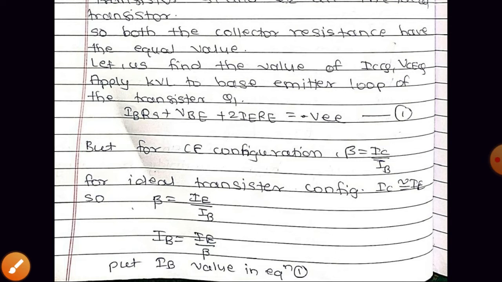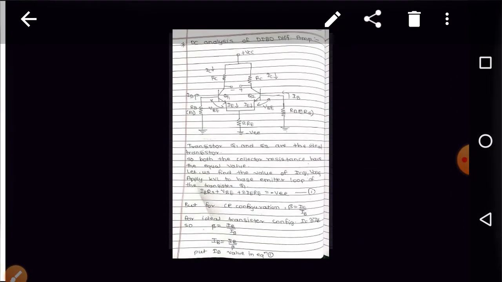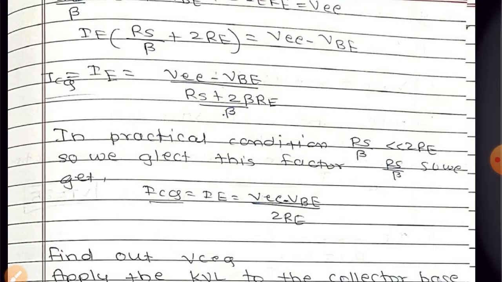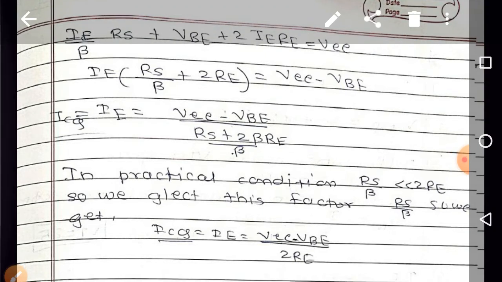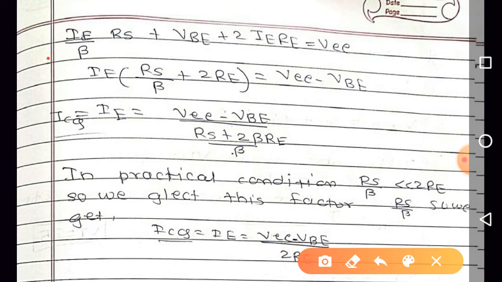Put the value of IB in equation number 1. We will get IE upon beta times RS plus VBE plus twice IE times RE is equal to VE.